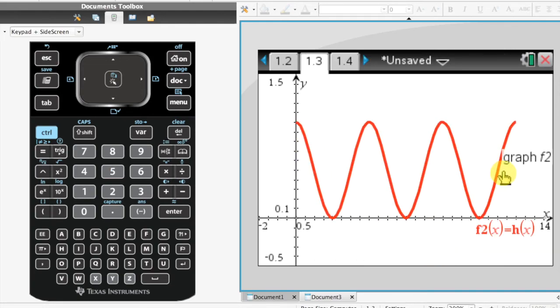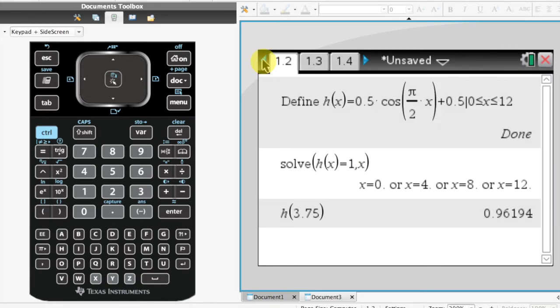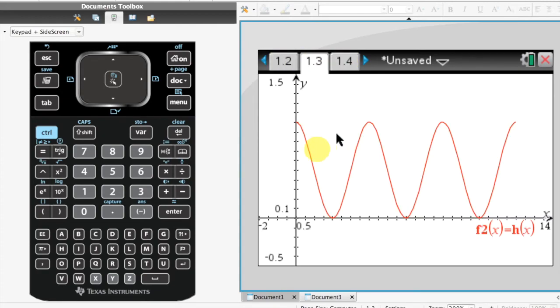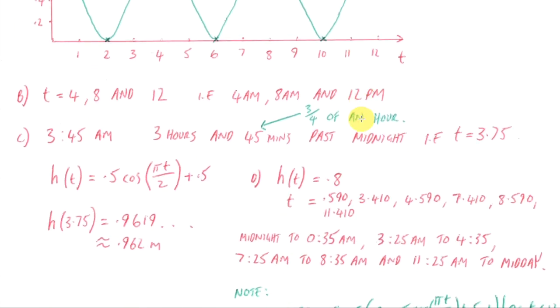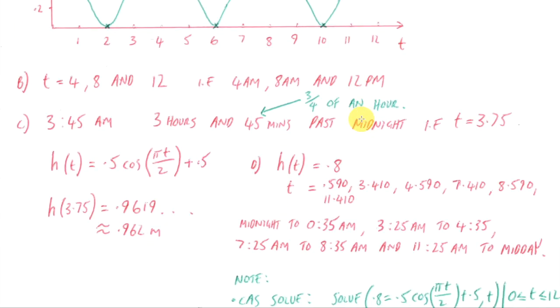So this will show me absolutely everything. All right, so there's my graph. Okay, so that's pretty simple. Now back over here, there's my graph. You can see it all makes sense. It's in line with what I found here. But what I want to work out for this question is the times, the values of t, where the height is 0.8.